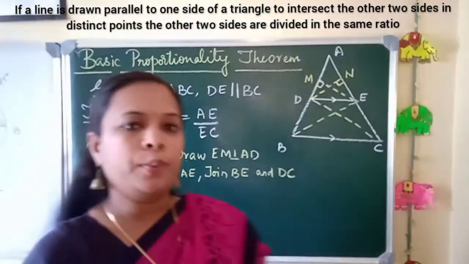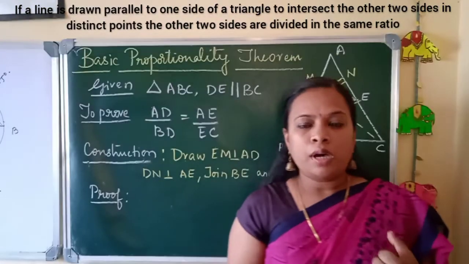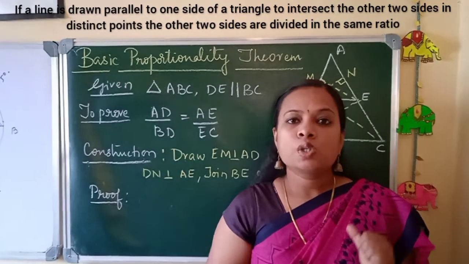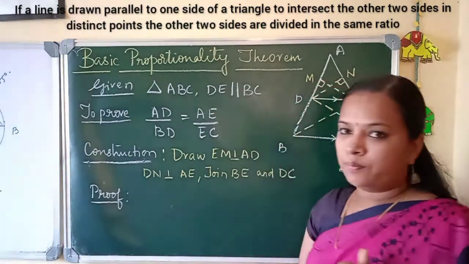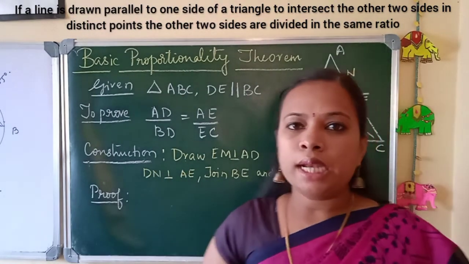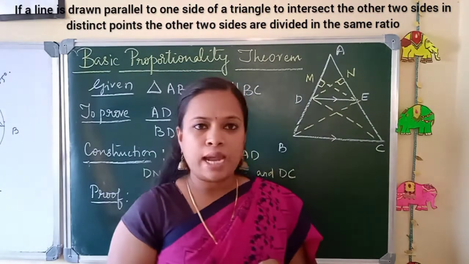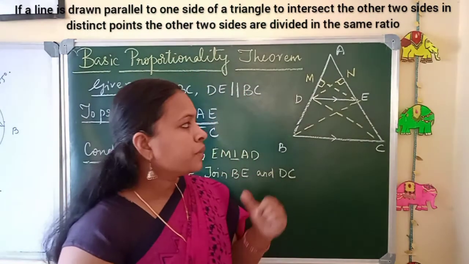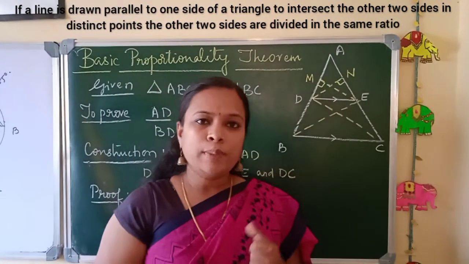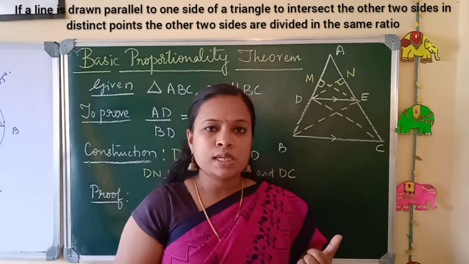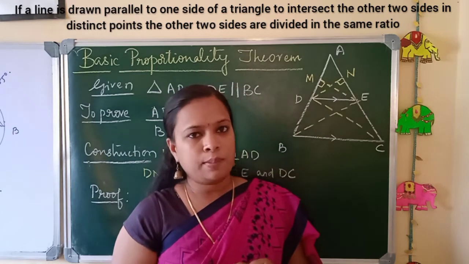For writing the proof, I will divide this theorem into three different steps. This is step 1. In 9th standard you might have learned that when you have two triangles, their areas will be equal when they have the same base and lie between the same parallels.